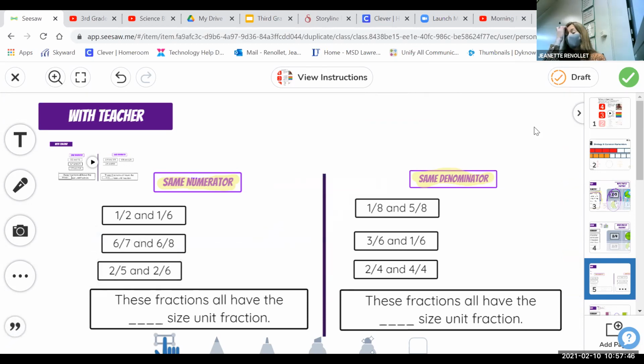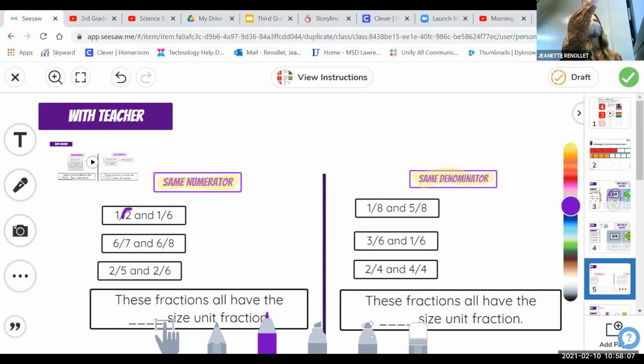Okay. Numerator. Now we have some sentence stems below that we're going to fill out. The first sentence, we're going to do the same numerator. These fractions all have the blank size unit fraction. So let's look at these denominators. 2 and 6.